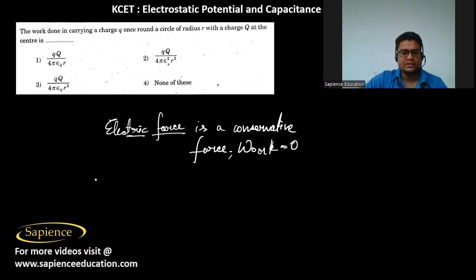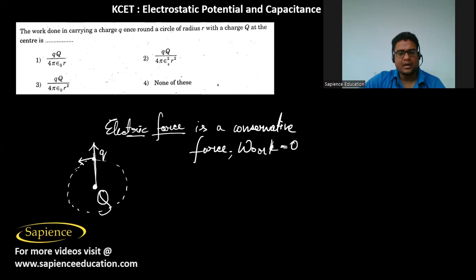Here also we can see that when a charge q is placed at the center, and a small charge q is being moved in a circle of radius r, the electrostatic force of repulsion is acting radially outwards, away from the center, and the displacement is happening tangentially along the tangent.